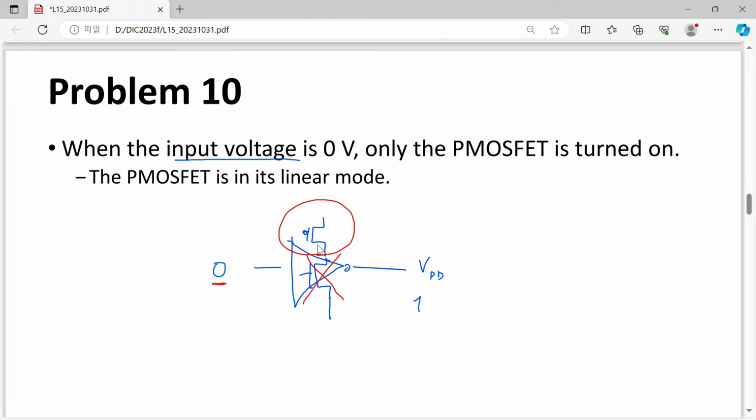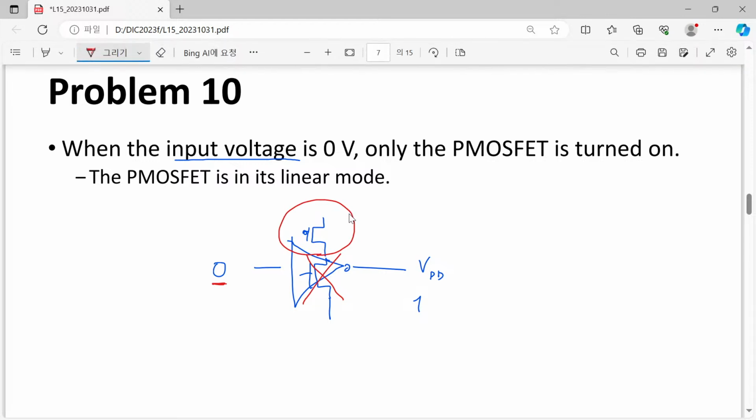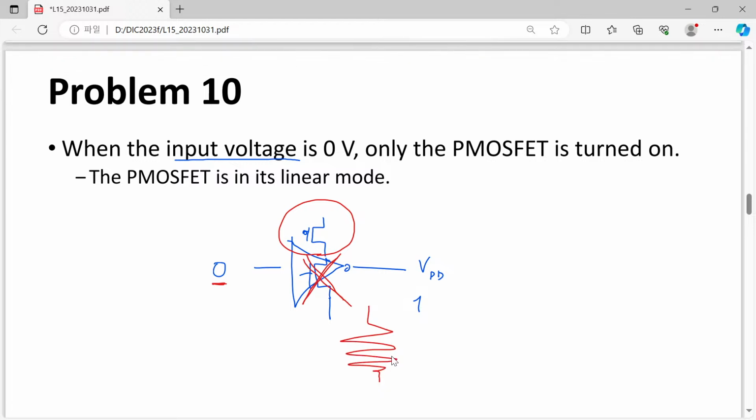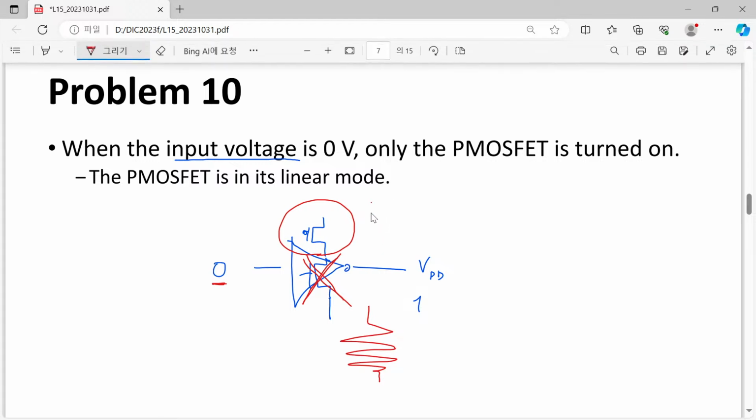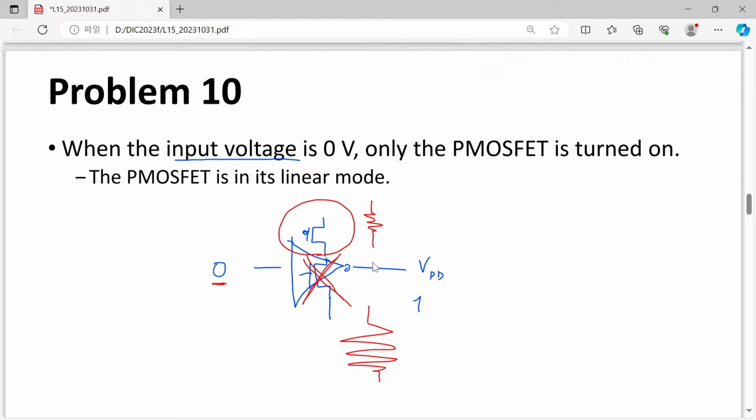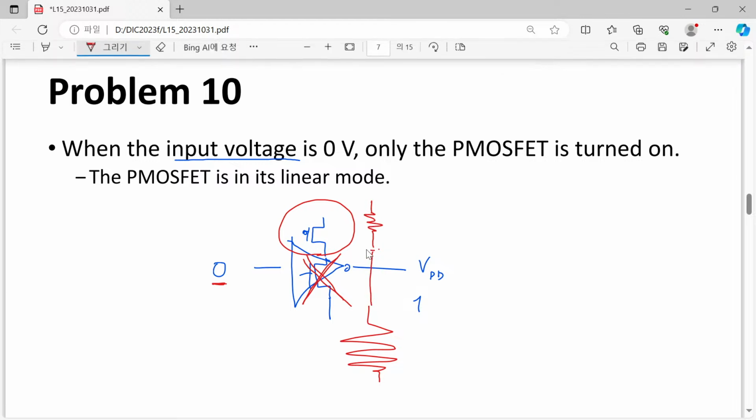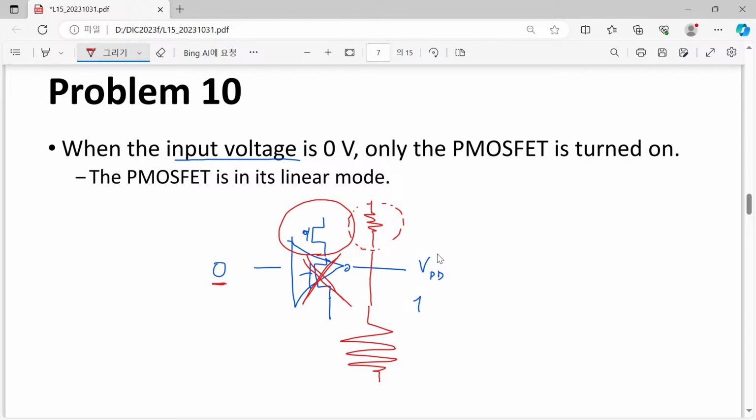So when you consider the output resistance seen from this output node, since this N MOSFET is completely turned off, it will contribute extremely high resistance. But in the case of the P MOSFET, it will give us a moderate value of resistance. So only this one will be seen from our output node.